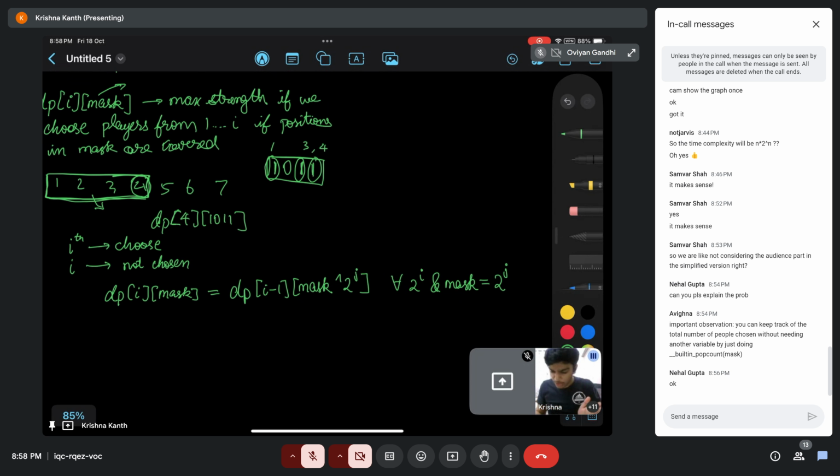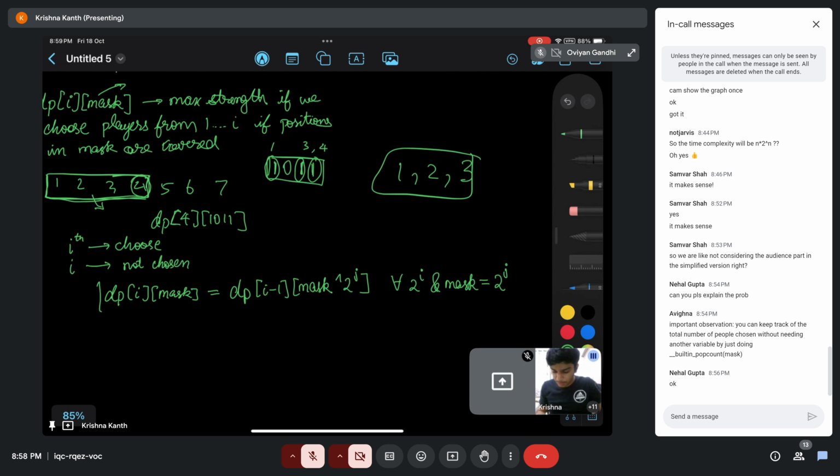We have the answer calculated for literally every bitmask for 1, 2, and 3, and we want to use that to calculate the answer for 4. So that is how we are doing it. We know how to place 1, 2, 3 in literally every possible configuration of positions. We want to use that information to calculate for 1, 2, 3, and 4.